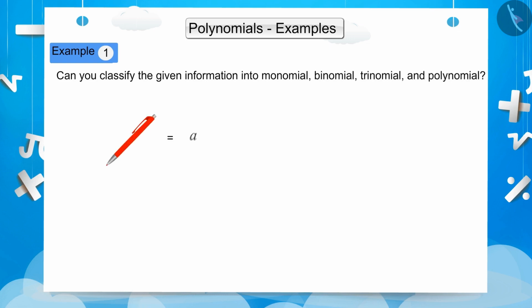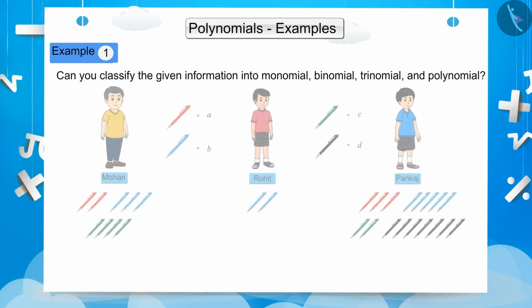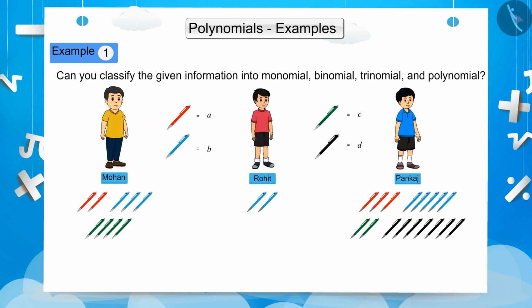Here we represent the color red as A, blue as B, green as C, and black as D. Red is equal to A, blue is equal to B, green is equal to C, black is equal to D. Let's now summarize the total number of pens with them in the form of polynomials.